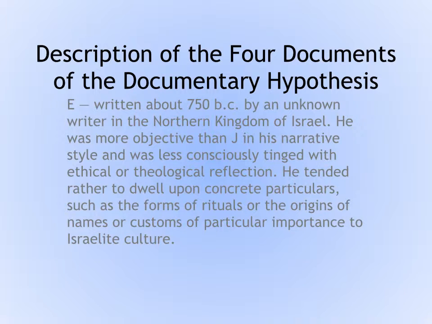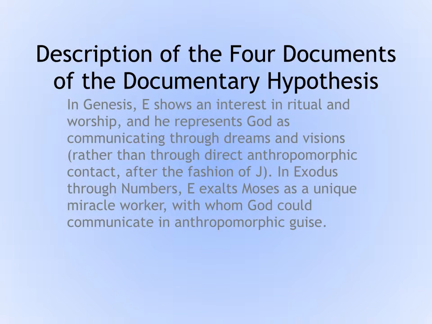The writer tended to dwell upon concrete particulars, such as the rituals that were used in the temple or the rituals that were used in the synagogues, the origins of names or customs of particular importance to the Israelite culture. So, types of prayers, liturgies, worship style, things like that. So, this is the E document that we see.